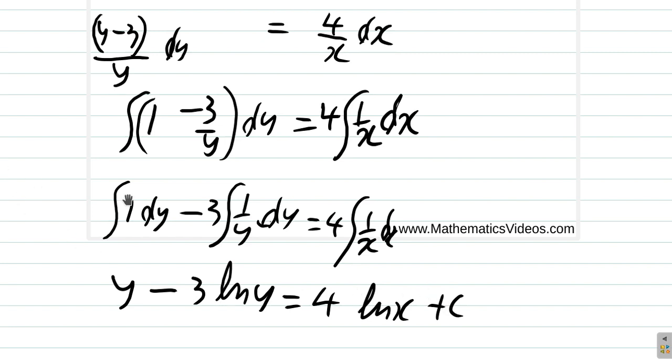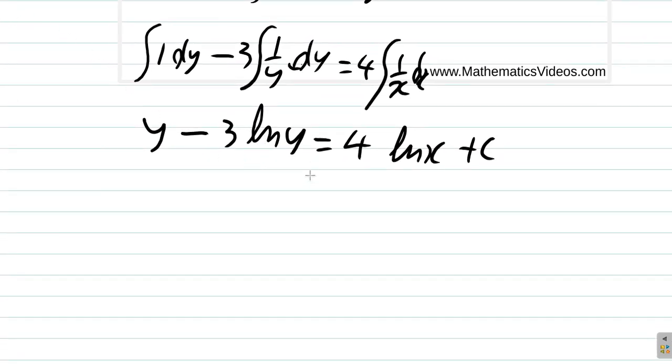Yeah, so we have this. But let's see if we can write it in a more concise manner. Let me see now, what would you do? So you have y minus 3 ln y. This can be written as y minus ln y to the power of 3 equal, well, you see the c?